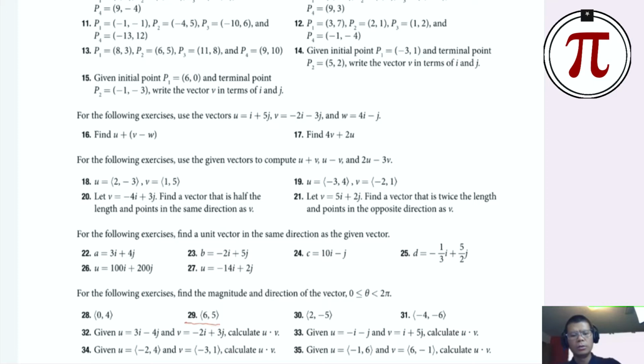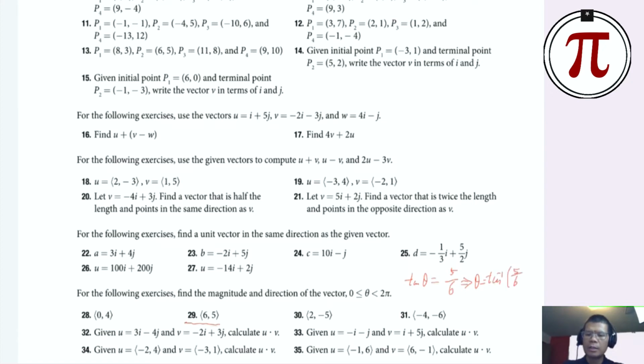So you have 5, 6. Theta is in what? It is in the first quadrant, yes? Then what is the tangent of theta? Tangent of theta is 5 over 6. So this implies theta equals tangent inverse of 5 over 6.